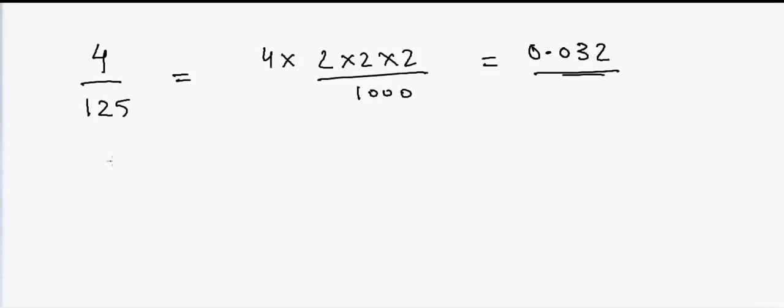Again, if I have 20 and want to divide by 125, 2 into 8 is 16, so add 16 here, and then I have one more 0 here, so this will be my answer.